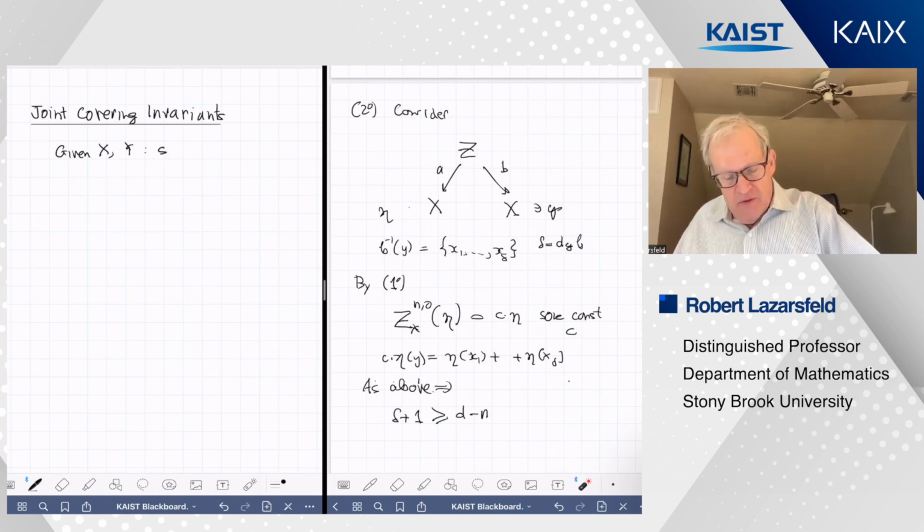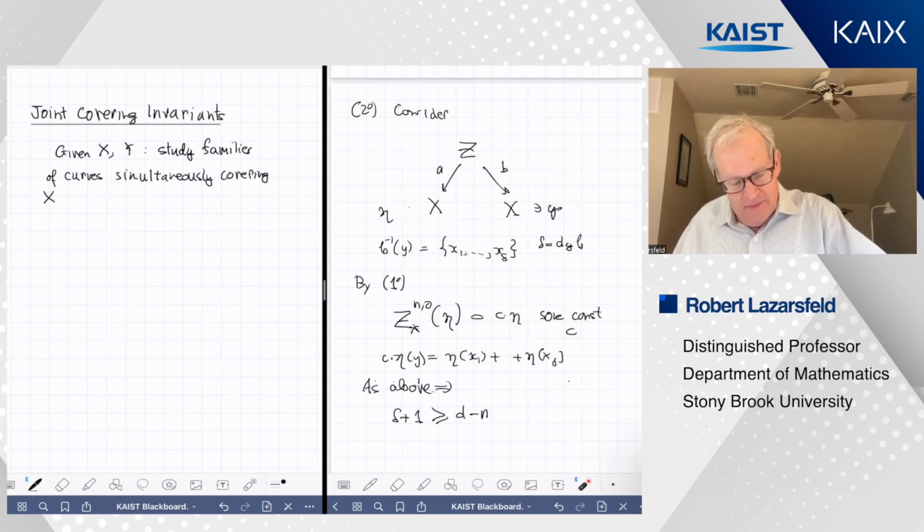And so the idea is we're going to study families of curves that simultaneously cover X and Y.